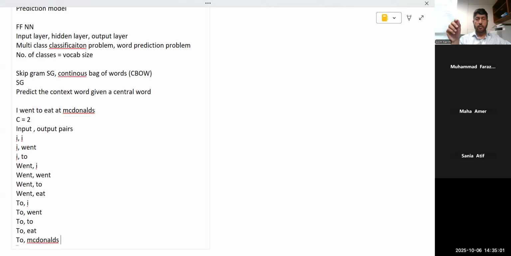So when C is equal to 2, we are considering two words after that word and two words before that word as being the context for that particular word. So that's how I have written these input-output pairs. If you look at went, on the left side of went there is I and to, so those are its context words. On the right side of went there are eat and at, those are its context words.